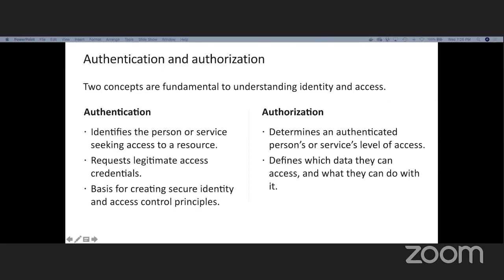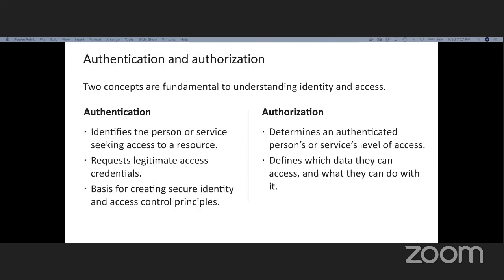So we also have authorization, which is determining an authenticated person's or service's level of access. So define which data they can access and what they can do with it. So I believe that it's one process after the other. In order for you to be authorized, you have to be authenticated. Okay?